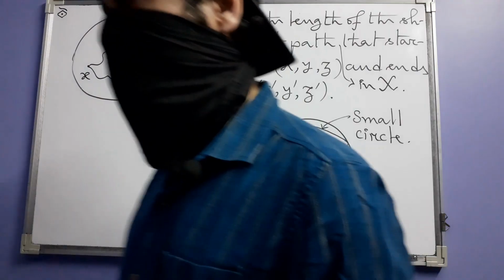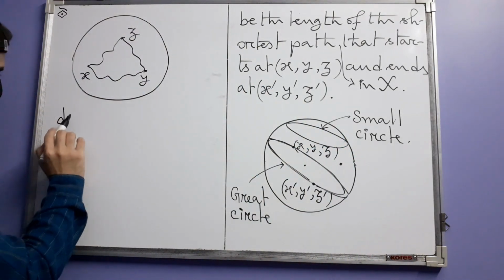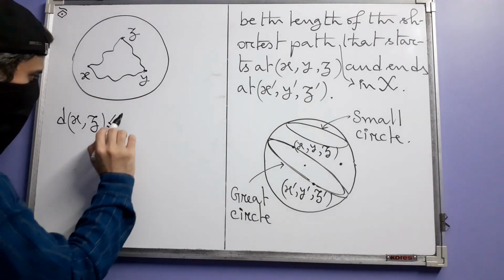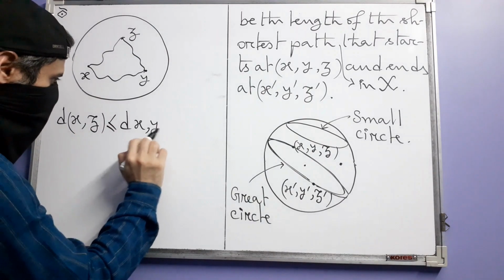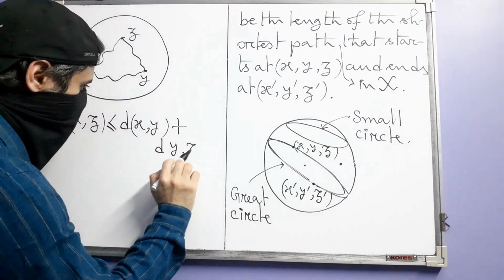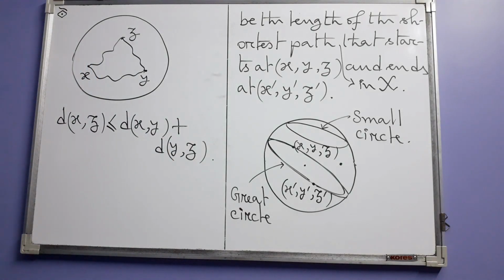So what does the triangle inequality say? It says that this is less than or equal to d(x,y) plus d(y,z).